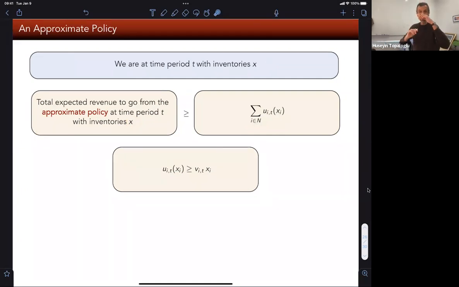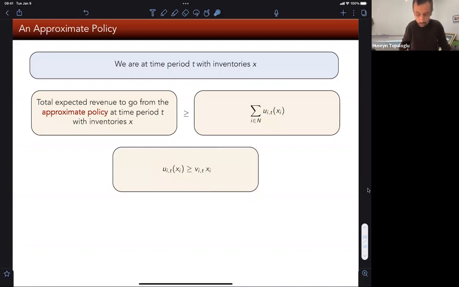The second thing that we can show is that the valuation of our inventories according to our capacity-dependent bid prices is at least as large as the valuation according to just time-dependent bid prices. You can again show this by using induction over the time periods as well. So these are the two inequalities that we need to show to get the performance guarantee.